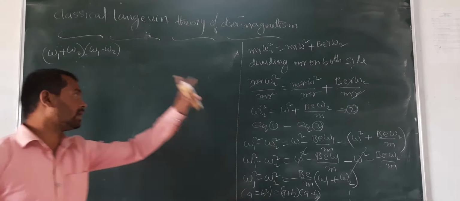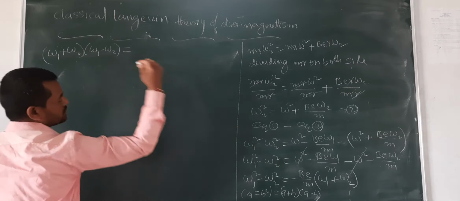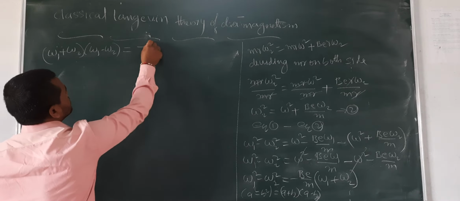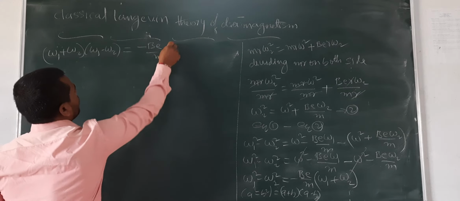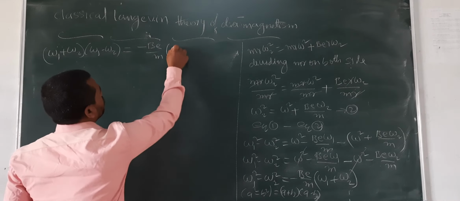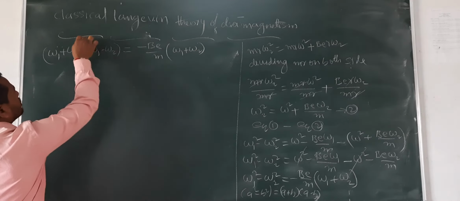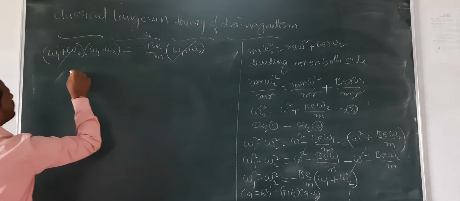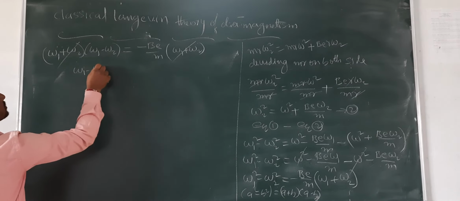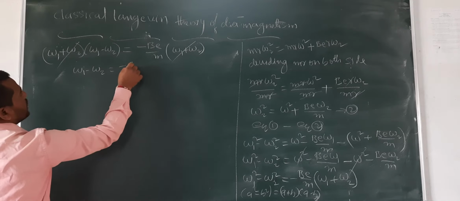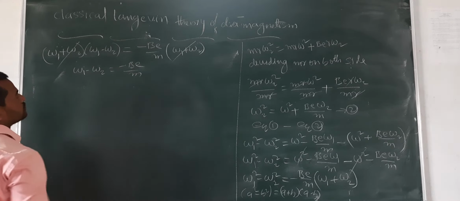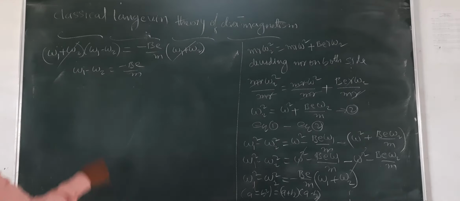This one can be written in this manner: equals minus dE by m, (omega 1 plus omega 2)(omega 1 minus omega 2), minus dE by m. The difference can be written like this.